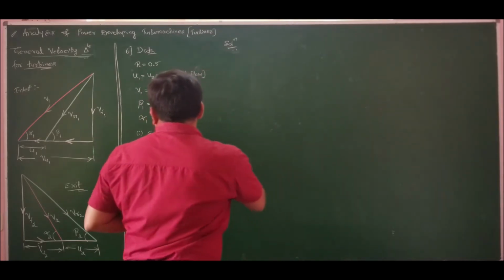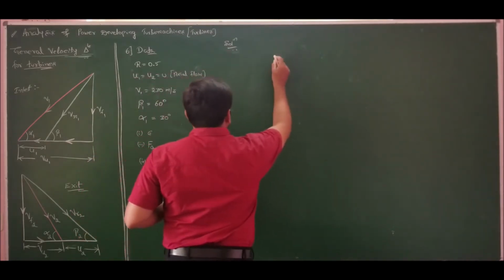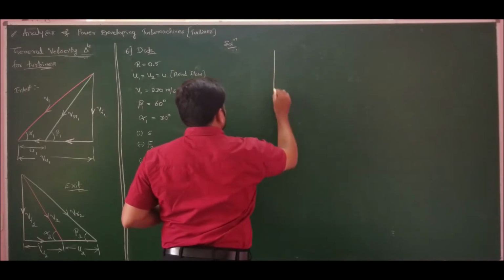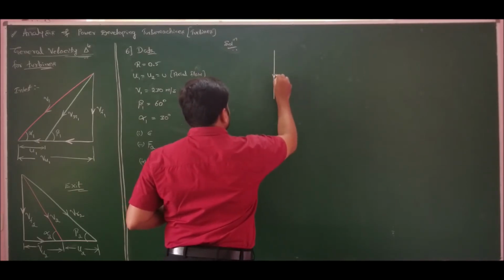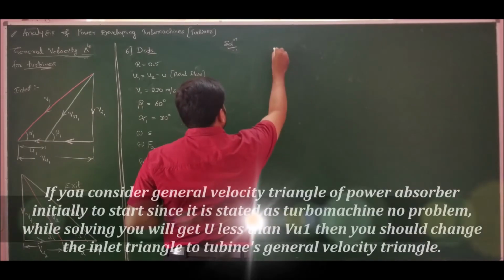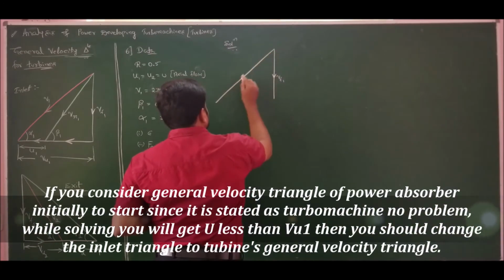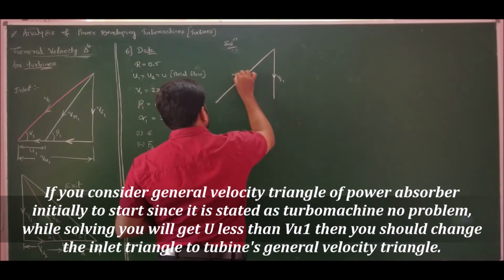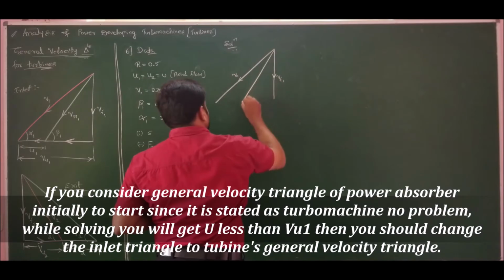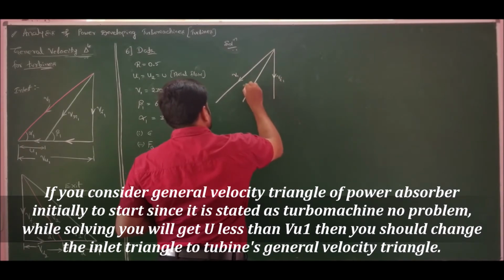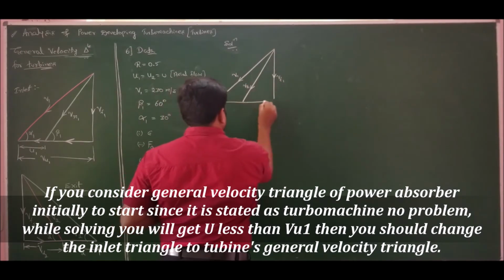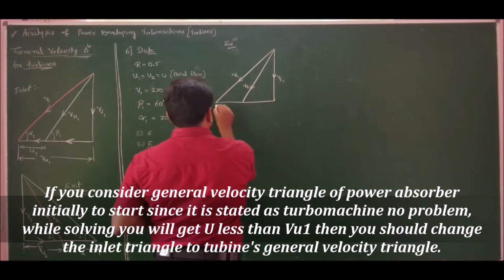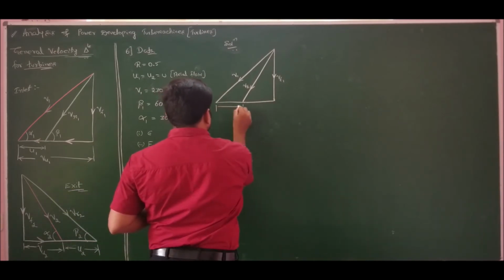If I draw that, I get the velocity triangle as follows. At inlet we have flow velocity Vf1. No alterations are given. So therefore we have V1, VR1. Always, absolute velocity is the reference. Absolute to relative is U, that is blade speed U1.